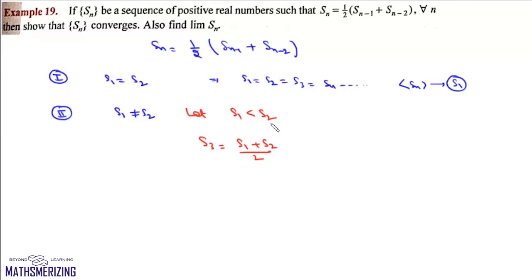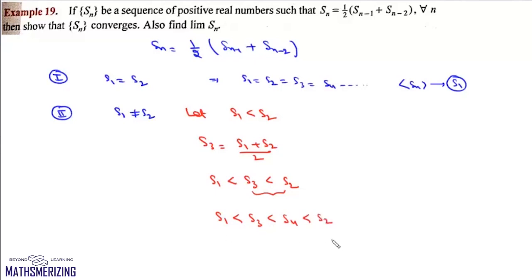That means S3 will lie between S1 and S2. So we'll write S1 will be less than S3, which is less than S2. Now S4 is the arithmetic mean between S3 and S2. So S4 will lie between S3 and S2. We'll write S1 will be less than S3, will be less than S4, and will be less than S2.